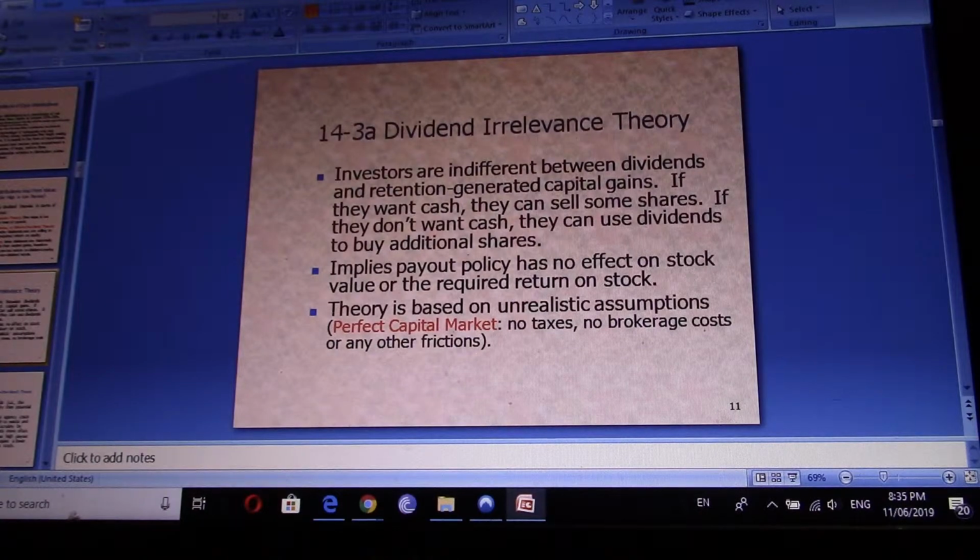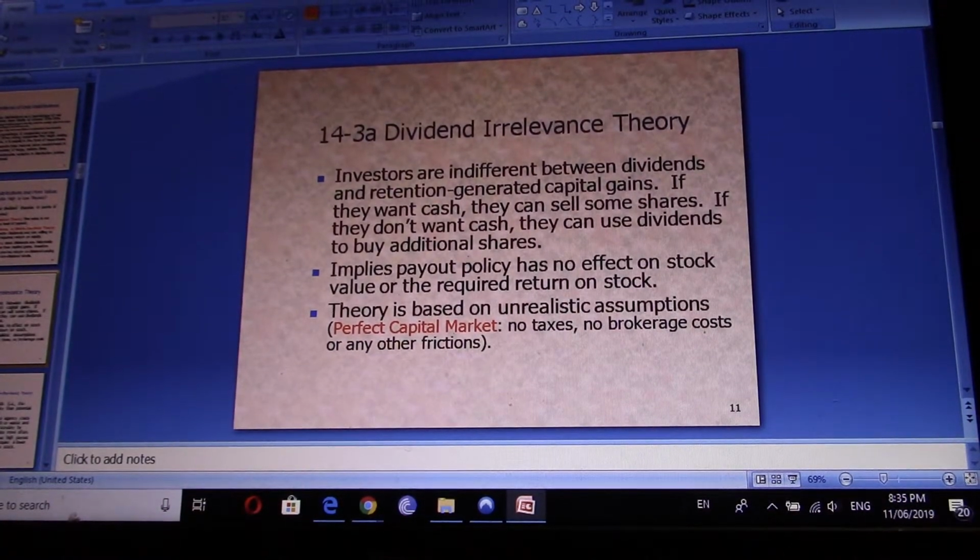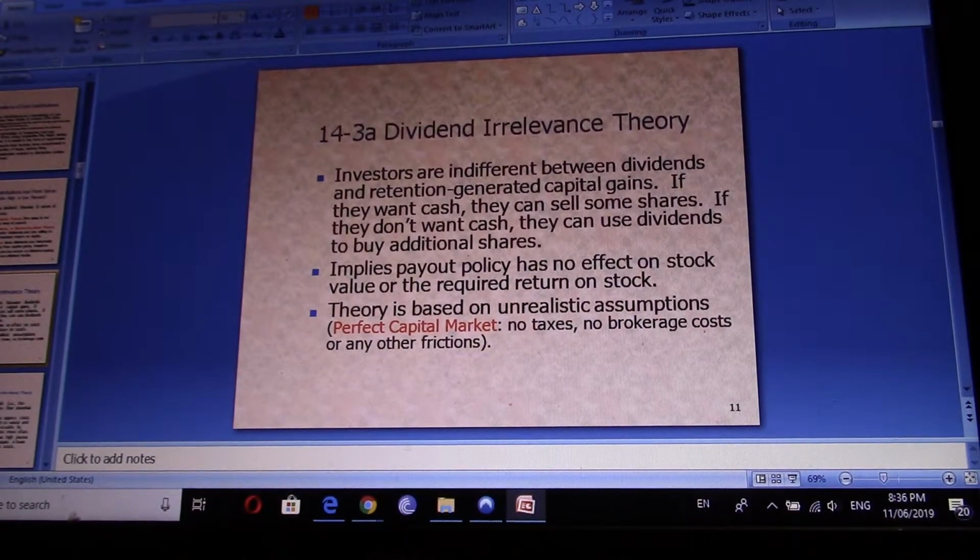This is dividend irrelevance theory. The shareholders can use the dividend received to repurchase the stock, based on there being no tax and a perfect financial market. The company can use the money to pay shareholders dividends, or use it to repurchase stocks.